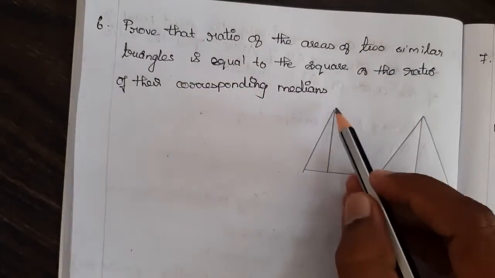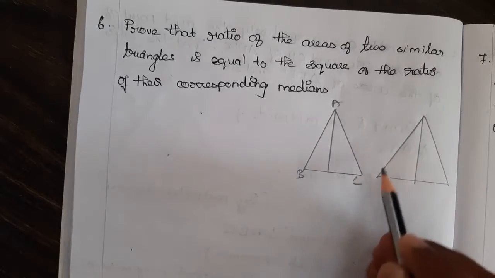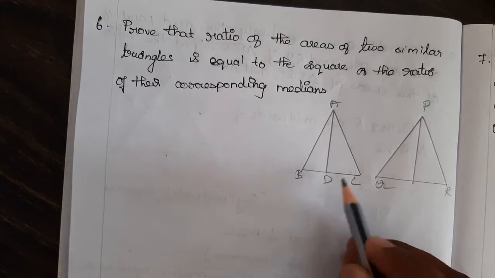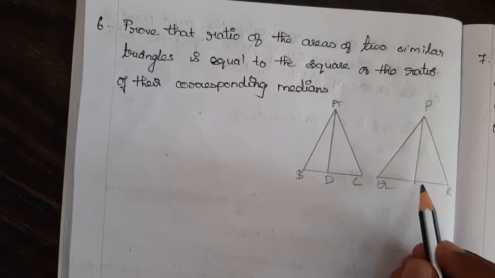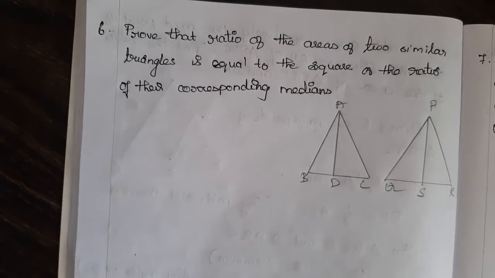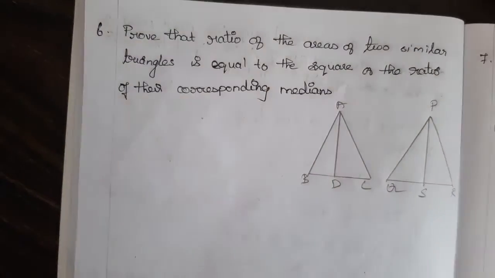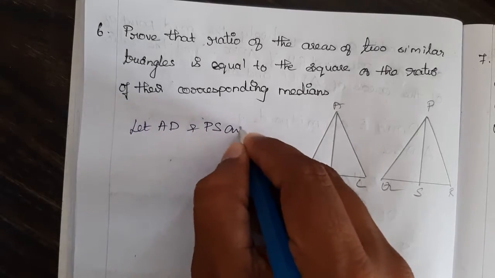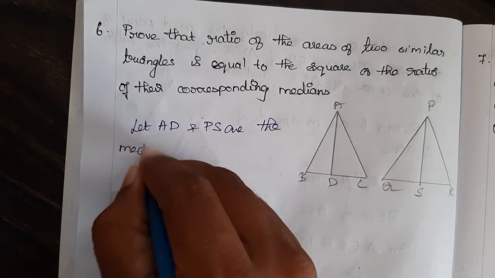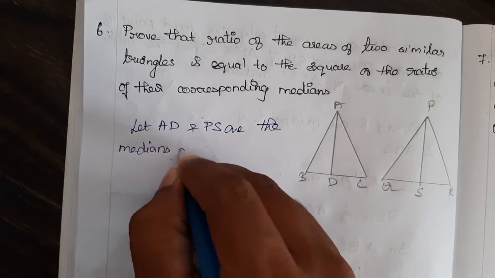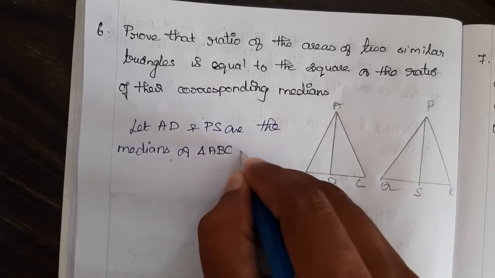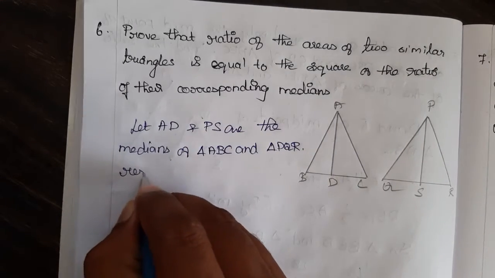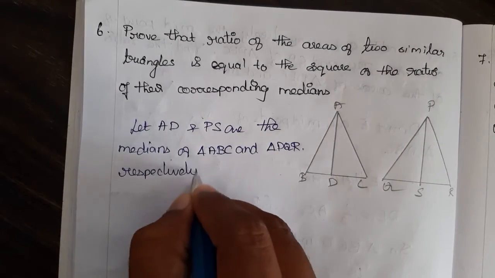So let me take this triangle as ABC, and PQR, and let the medians be AD and PS. Here the names are not given, I consider them myself. So let AD and PS be the medians of triangle ABC and triangle PQR respectively, right?